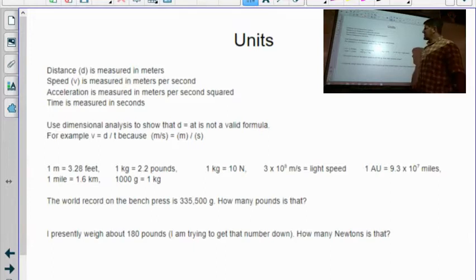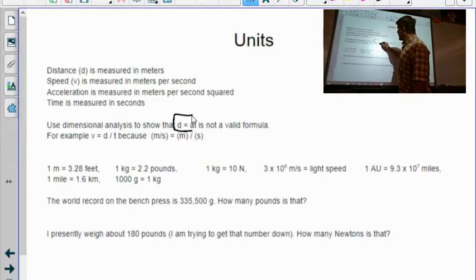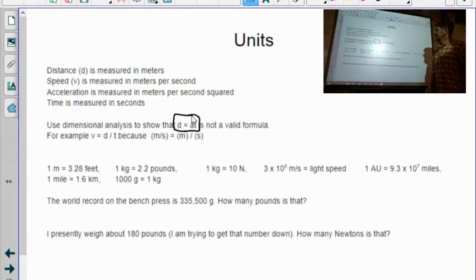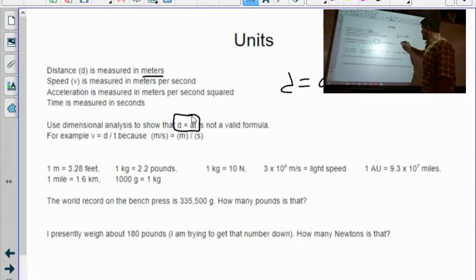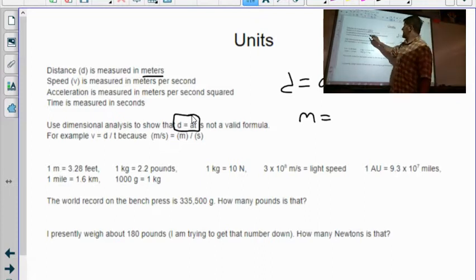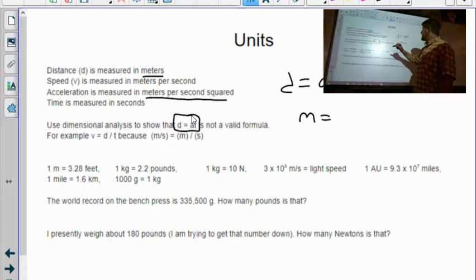Okay, so for this first one, again, we have used dimensional analysis to show that this right here is not valid. So D equals AT. Well, D is distance, and that's measured in meters. So I'm going to have M equals. A is acceleration, and it's measured in meters per second squared.